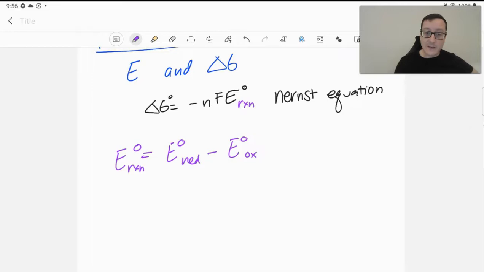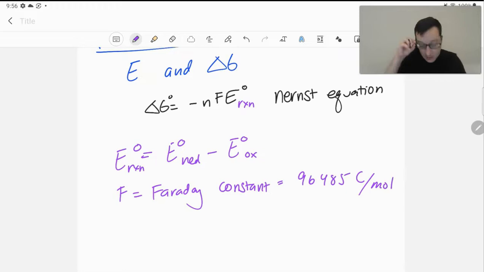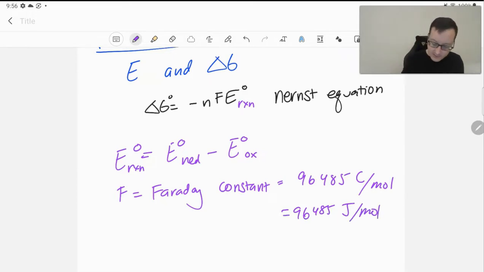F is Faraday's constant, which I have written down here, which is 96,485 coulombs per mole or joules per mole, whichever unit you like. That's an important constant we're going to use.